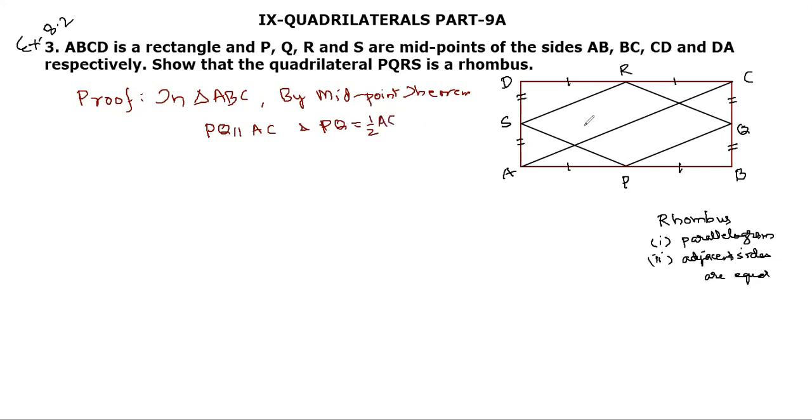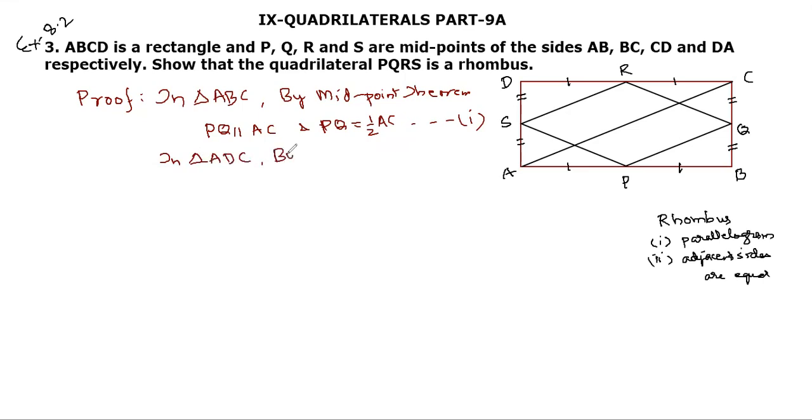Why? Because in this triangle, P is the midpoint and Q is the midpoint. So the line joining the midpoints is parallel to the third side and equal to half of it. Now another triangle, which triangle will we take? Another triangle is ADC.